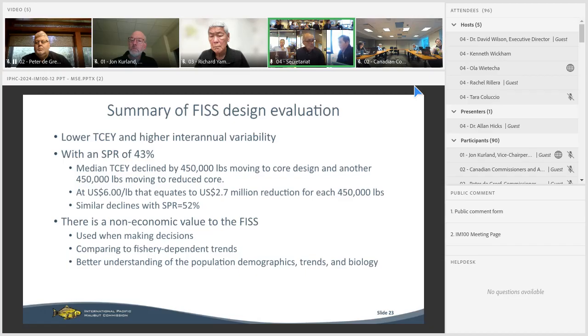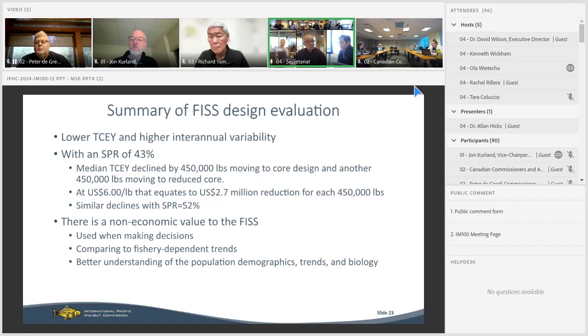So at $6 a pound for each 450,000 pound reduction, that equates to about 2.7 million US dollars. And the SRB thought it would be useful to do those calculations. Similar declines were seen with an SPR 52% as well. So it was pretty consistent across the SPR values that we investigated.